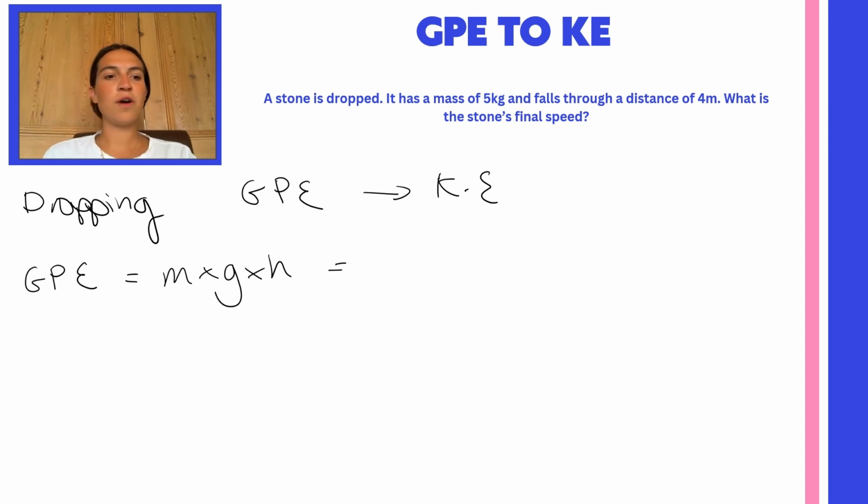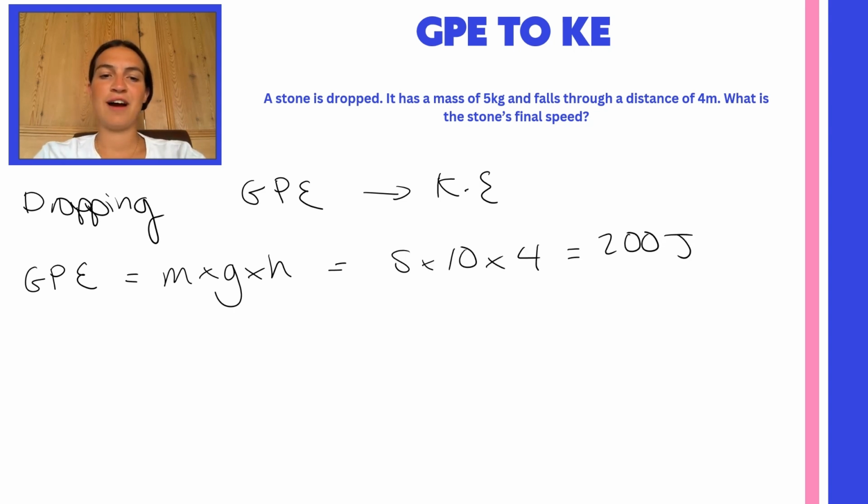So I want to work out the GPE that it has lost, so that is its mass times g times h. 5 kilograms times 10 times that height of 4 gives me 200 joules of gravitational potential energy that this object has lost. So that 200 joules of GPE has been transferred to this object's kinetic energy.